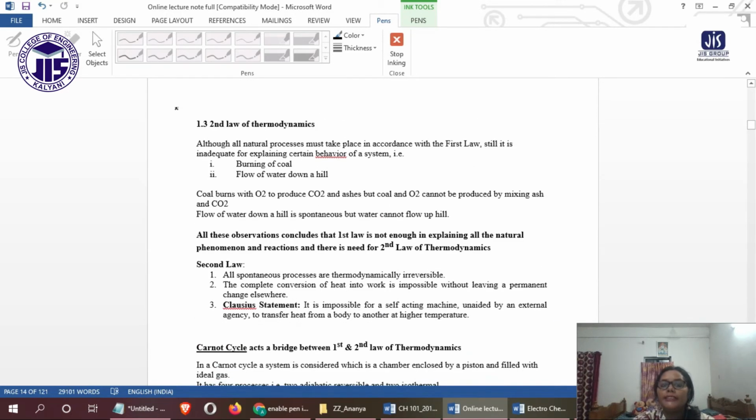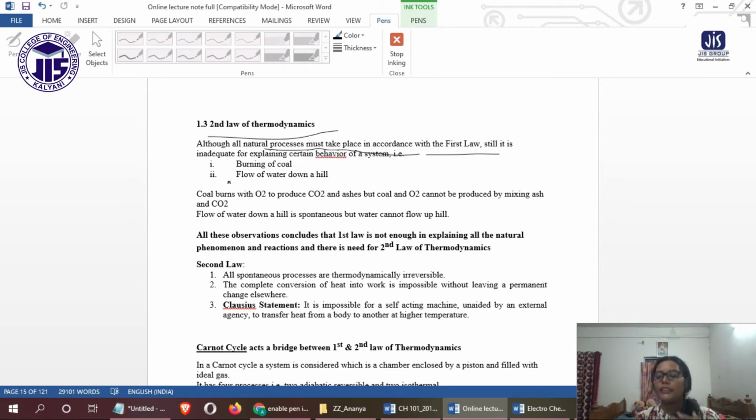Now we will discuss the second law of thermodynamics. Although all natural processes must take place in accordance with the first law, we still have some examples which we cannot explain, like the burning of coal and the flow of water down a hill.